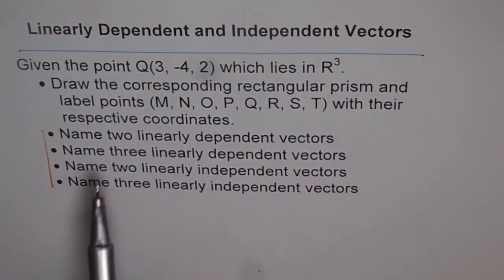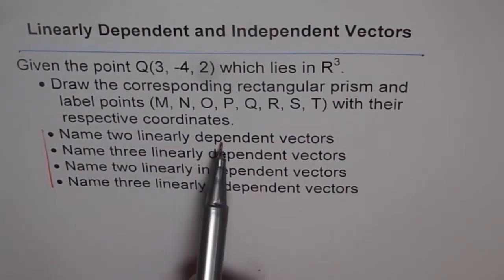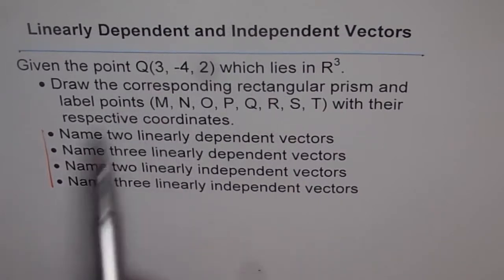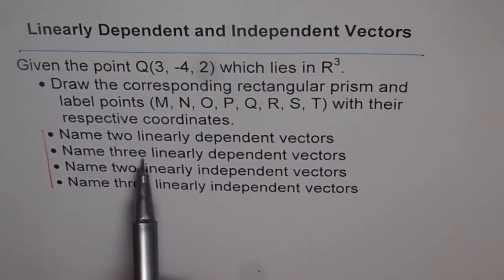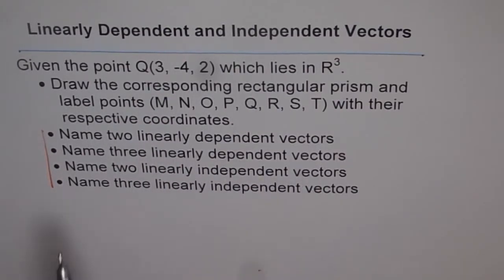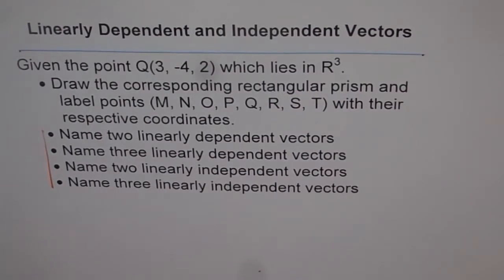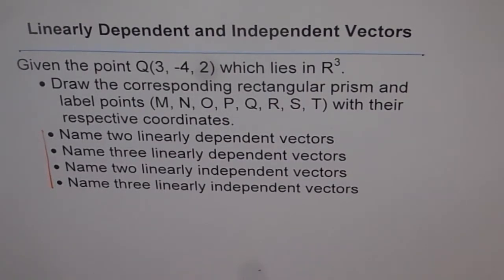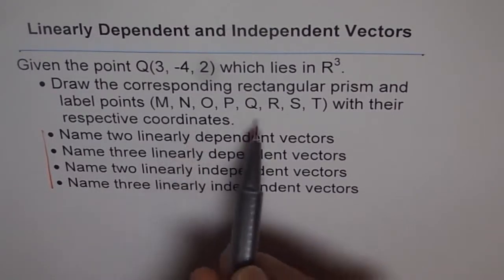The questions are: name two linearly dependent vectors from this rectangular prism, name three linearly dependent vectors, name two linearly independent vectors, and name three linearly independent vectors. My major concern here is to understand linearly dependent and linearly independent vectors, so for that, I'm making you sketch this.